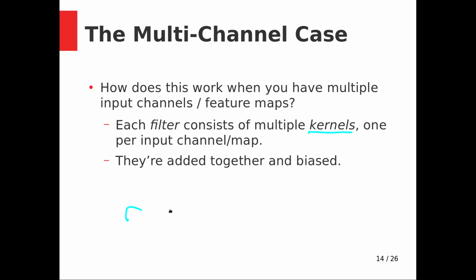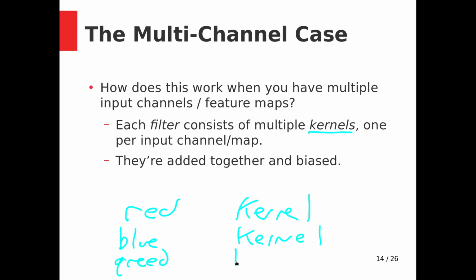So red will have a kernel, blue will have a kernel, if your channels are red, green, and blue, and then green will have a kernel. Horrible writing, and those are out of order. Anyway, they will be combined, added, I believe, normally, to produce one filter map.